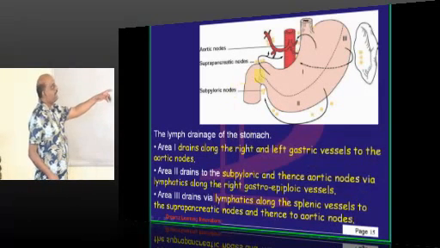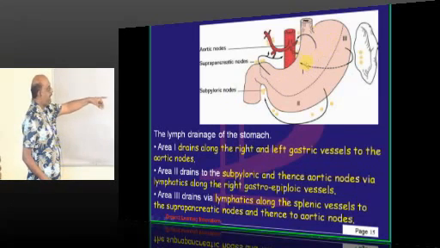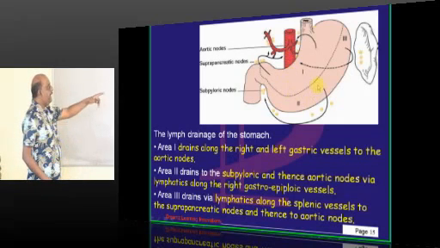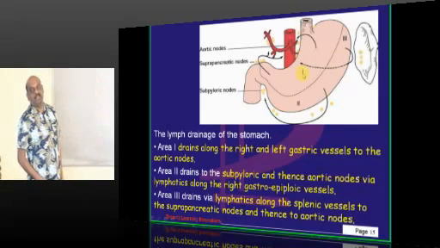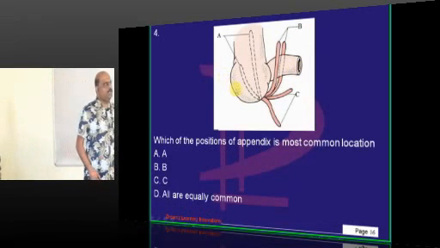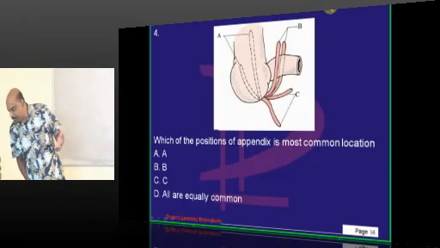Area 1 basically drains along the right and left gastric vessels to the aortic group of lymph nodes. Then area 2 goes to the right gastroepiploic, and area 3 is the one which is given in the image. Now, what is the most common position of the appendix is a very important question.